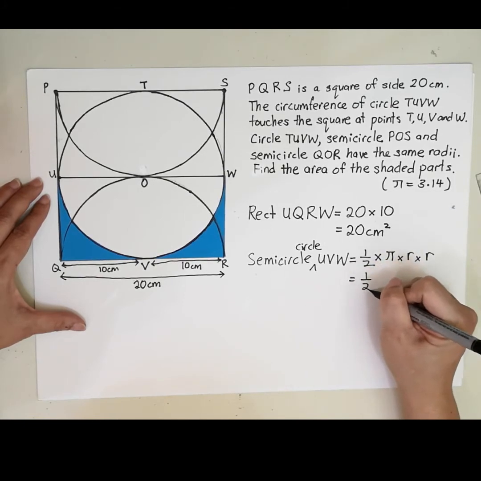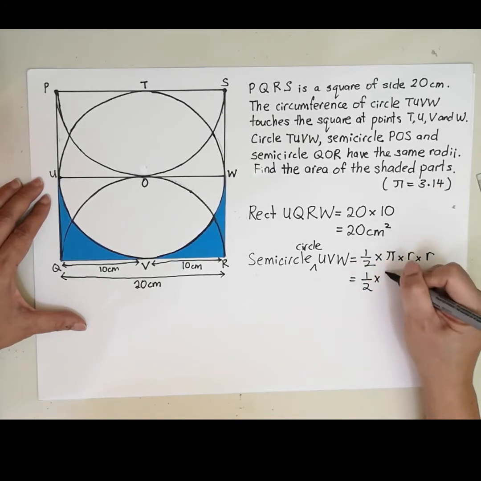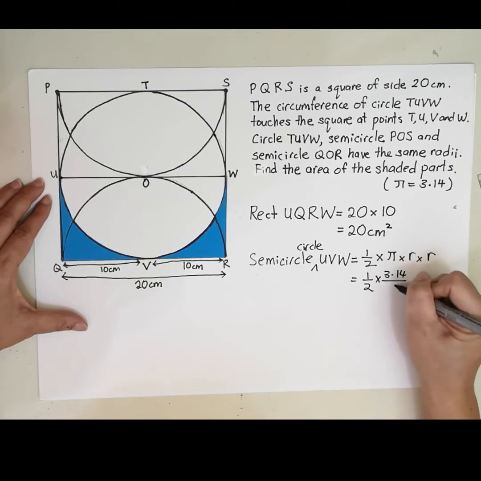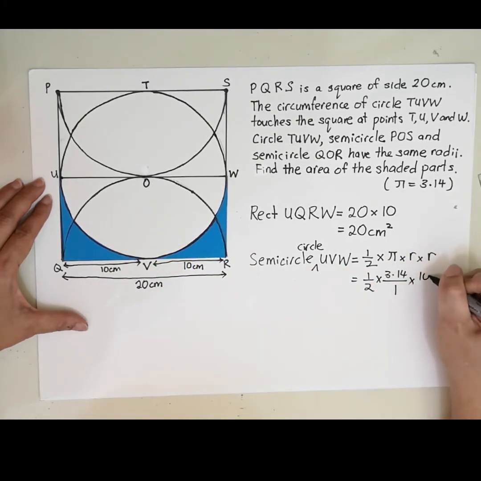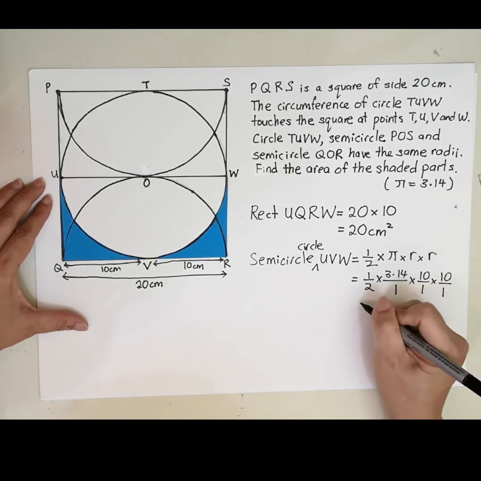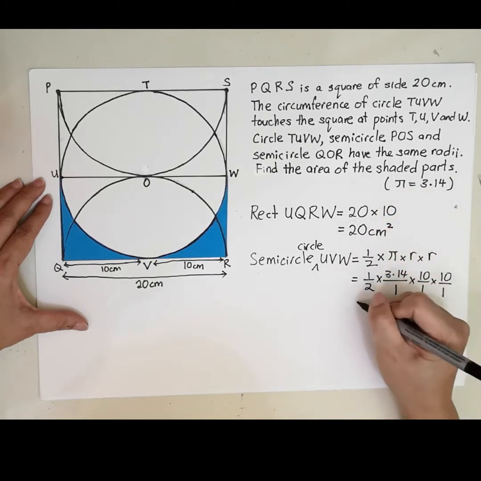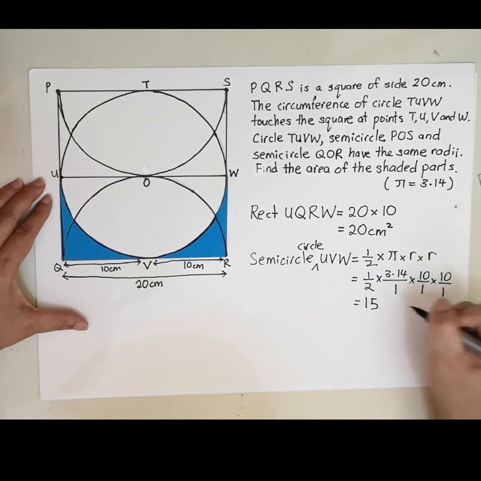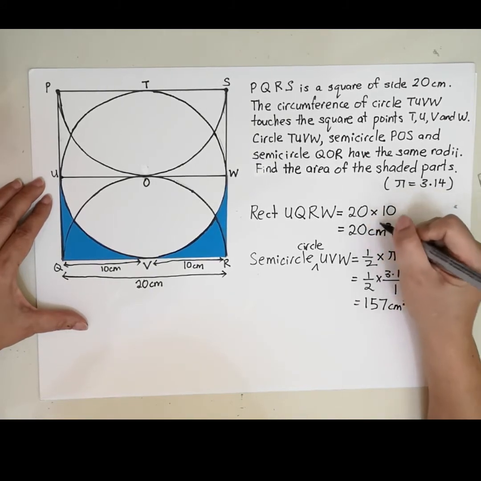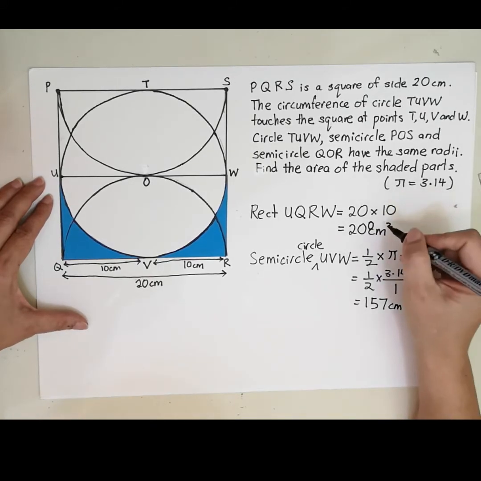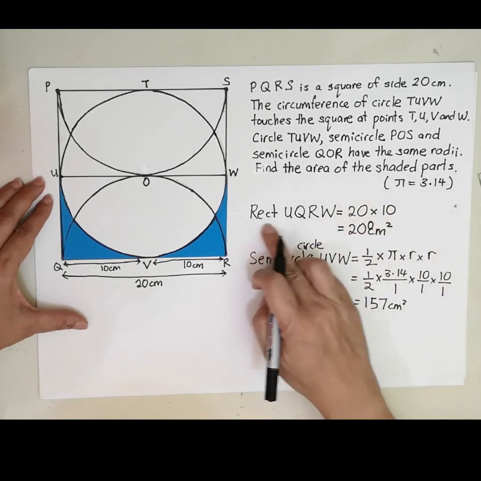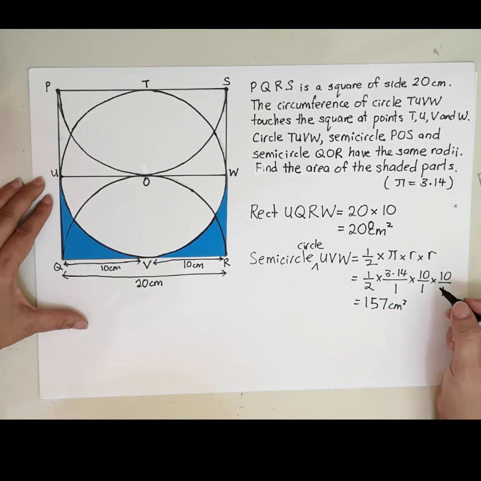Pi is taken as 3.14 and the radius is 10 centimeters. So this is 157 square centimeters. Sorry about the mistake here. It's actually 200 square centimeters and not 20 square centimeters. So the area of the rectangle is 200 square centimeters.